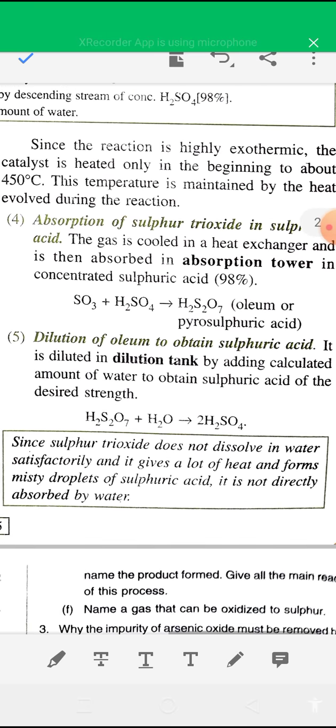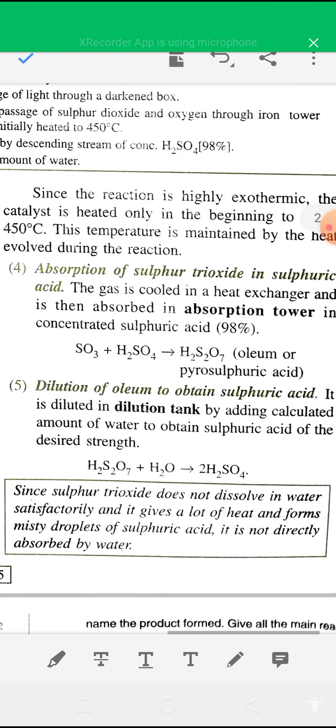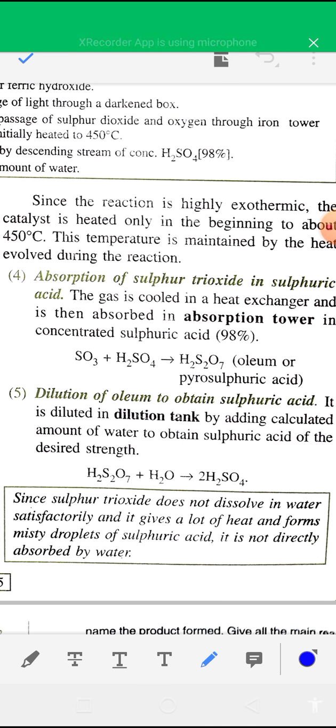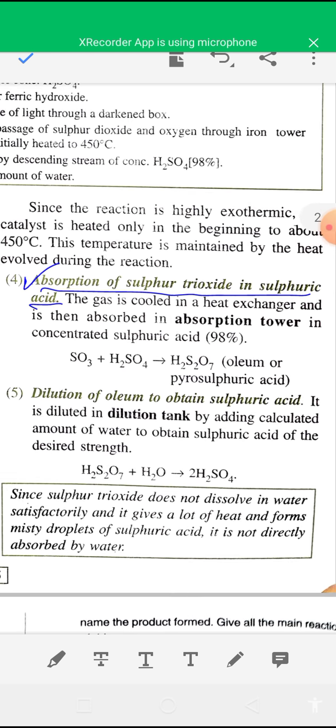After formation of sulfur trioxide, the next step is absorption of sulfur trioxide in sulfuric acid in the absorption tower.